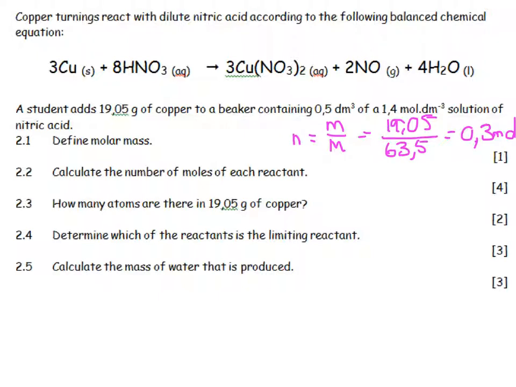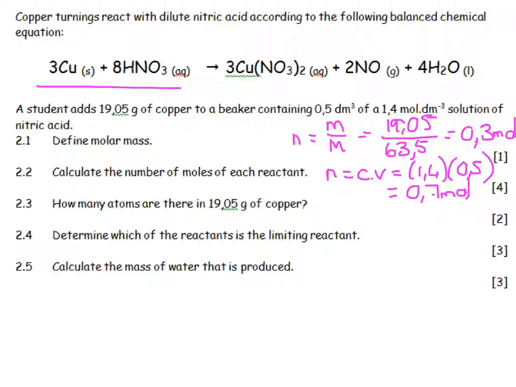Then for the nitric acid, the other reactant, number of moles is equal to concentration times volume, and that is 1,4. Your volume is already converted into decimeters cubed, so it's 0,5, and you have 0,7 moles.